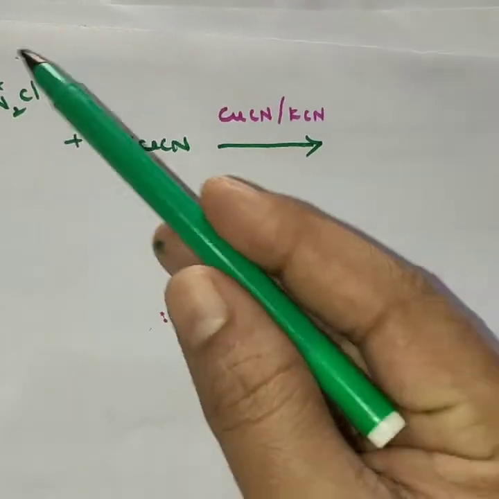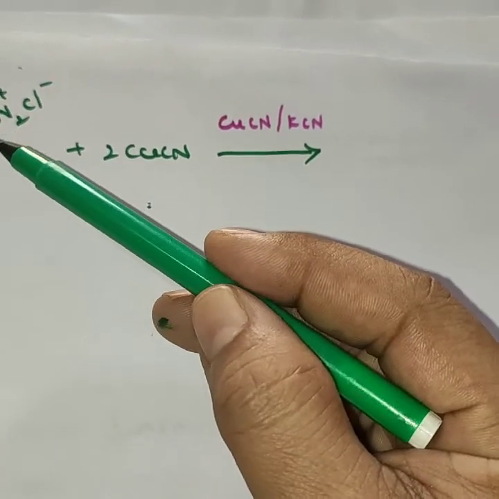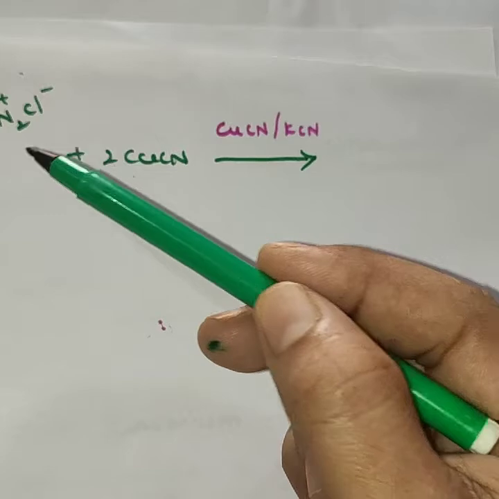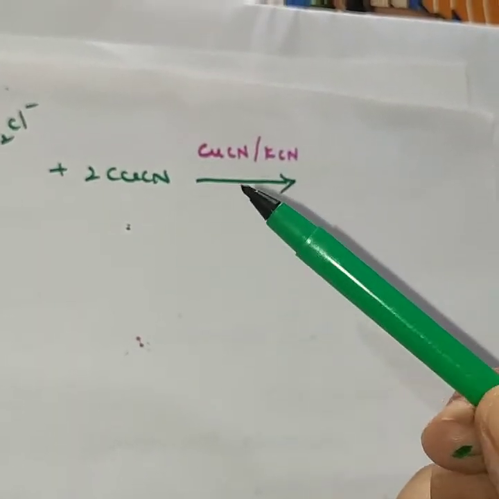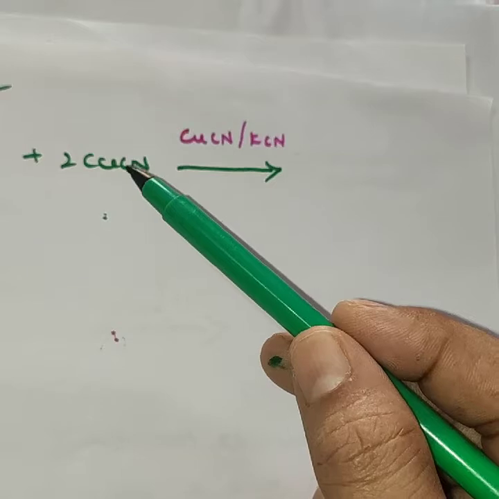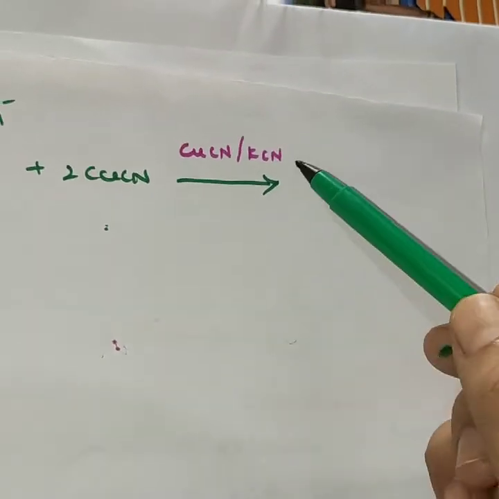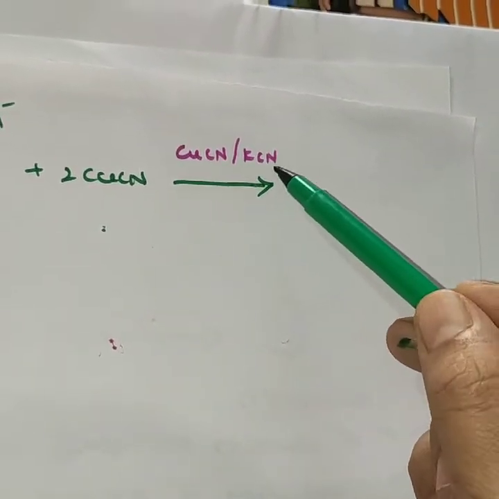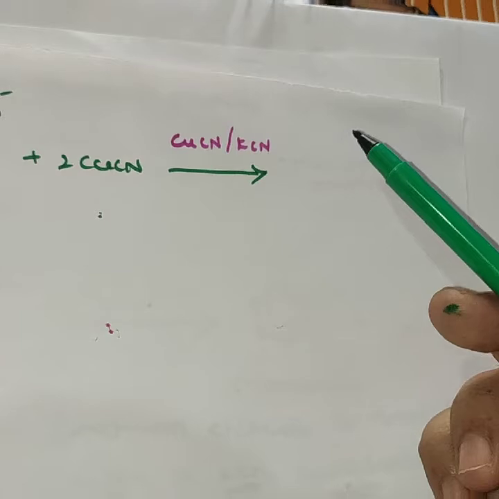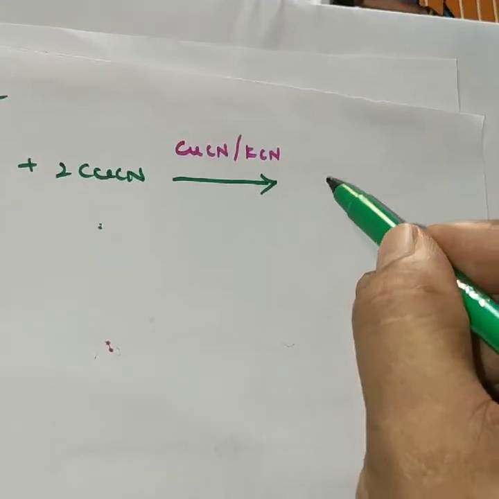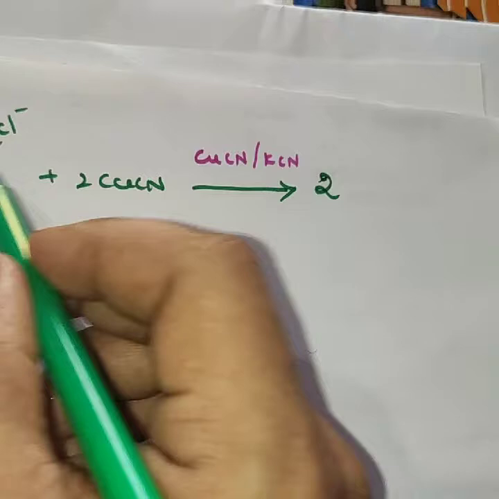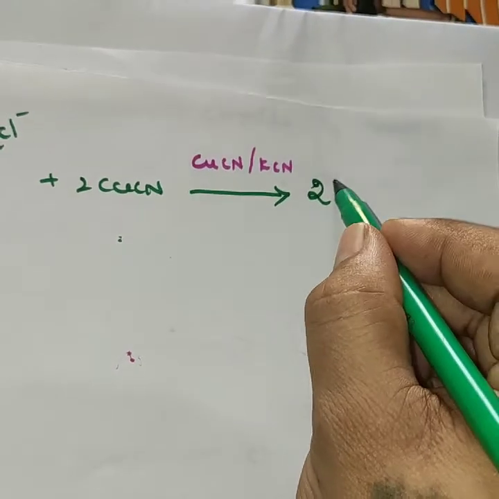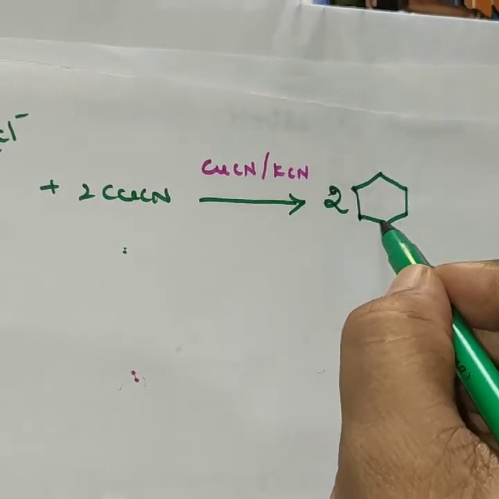Here also the reactant is benzene diazonium chloride. It is treated with cuprous cyanide, CuCN, in potassium cyanide medium. What product do we get here? We take 2 moles of the aromatic system, the benzene ring.